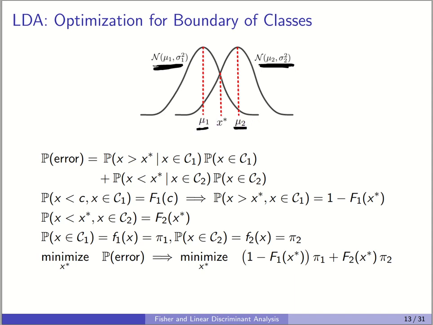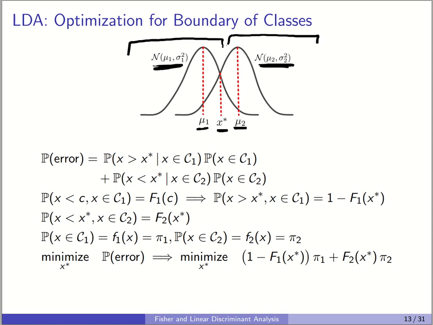We want to find the x star, which is the boundary, because here we have more probability for class 1, and here we have more probability for class 2. Here is the boundary x star.